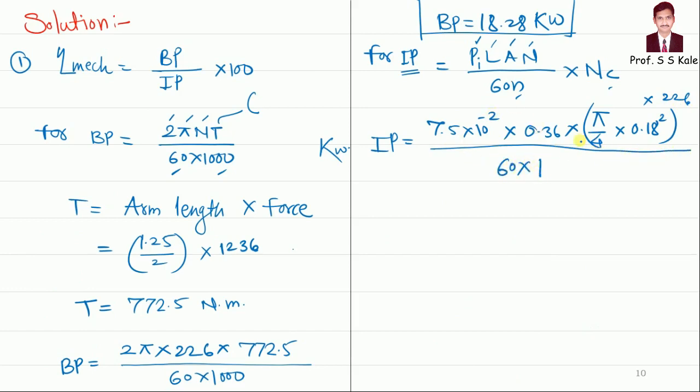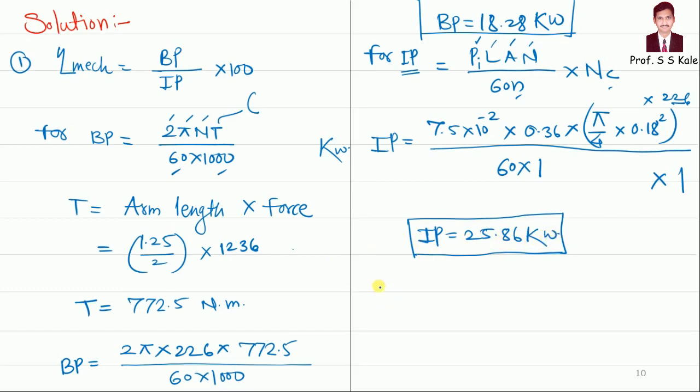Small n is equal to 1 and the number of cylinders is also equal to 1. Simply calculate using a calculator to find the indicated power. Let me check. Indicated power value should come 25.86 kilowatt. That's the indicated power.